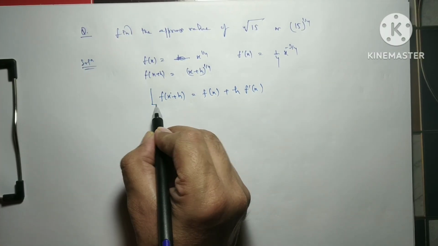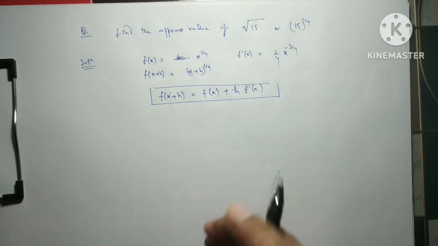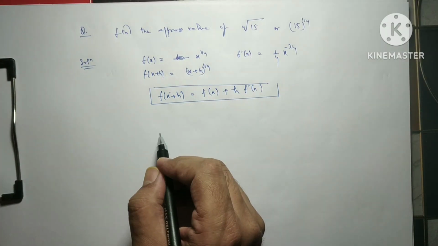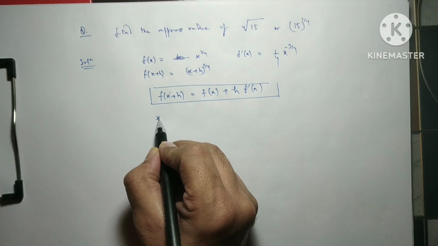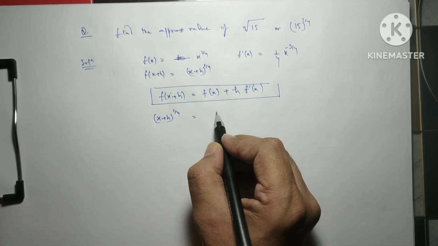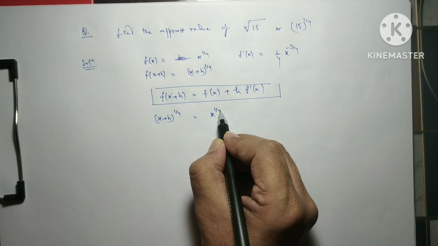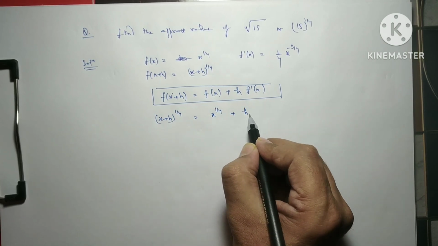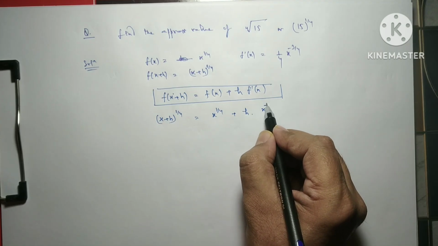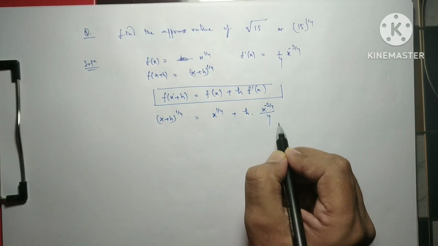So this is the differential formula. Put all these in this differential formula. So it is (x+h)^(1/4) ≈ x^(1/4) + h × x^(−3/4)/4.